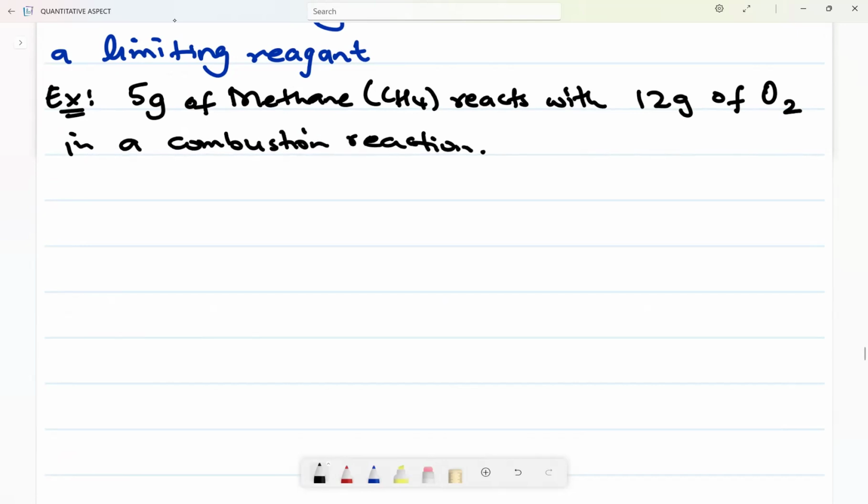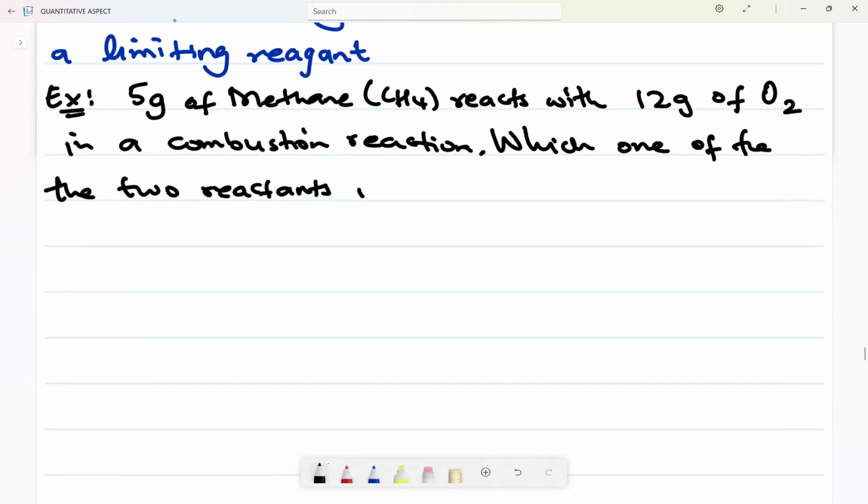Then the question is, which one of the two reactants is a limiting reagent?